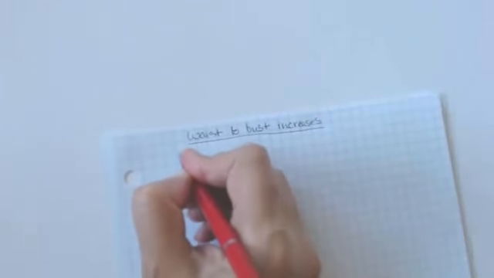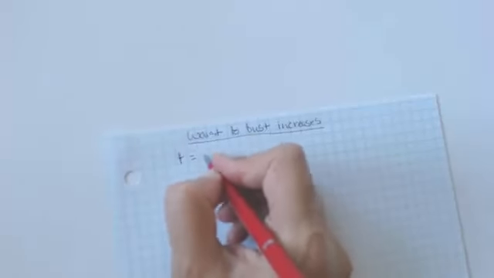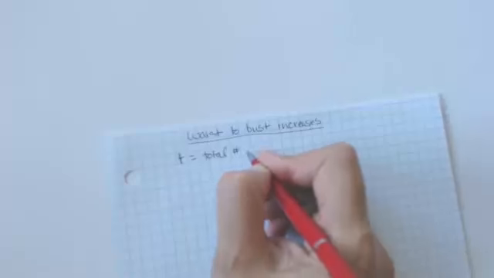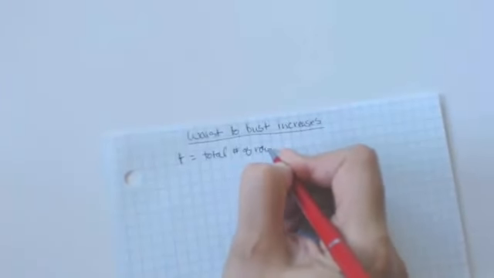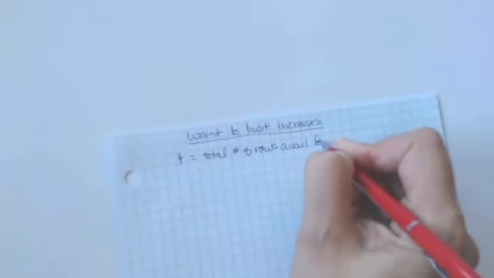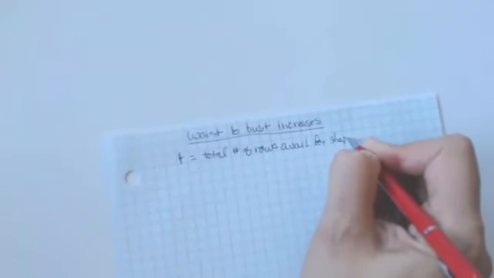So T equals total number of rows available for shaping. And we know this number from our measurement.